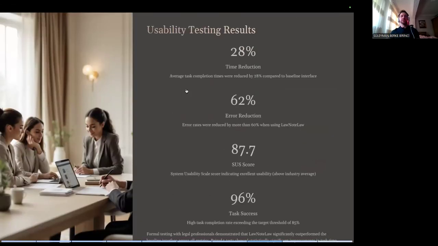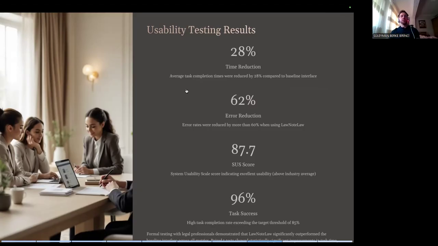We also tested the system with real users, and the results were very positive. Users completed tasks 28% faster than with the old system. The number of errors was reduced by 72%.